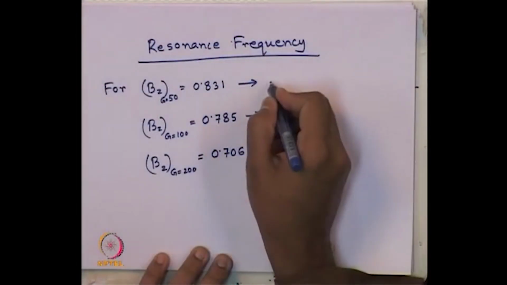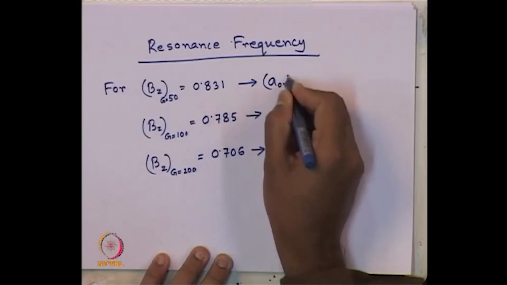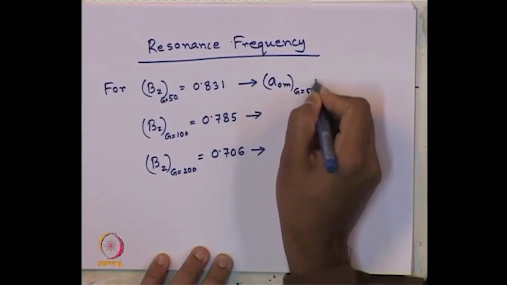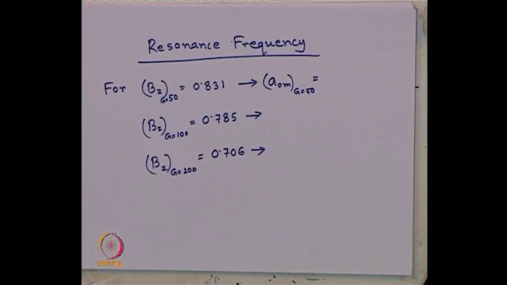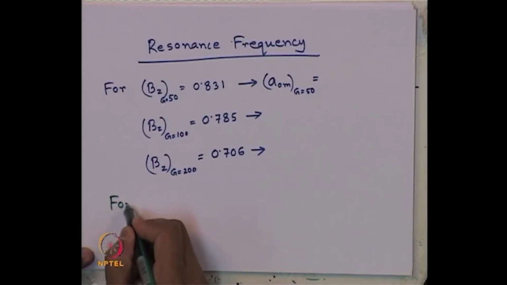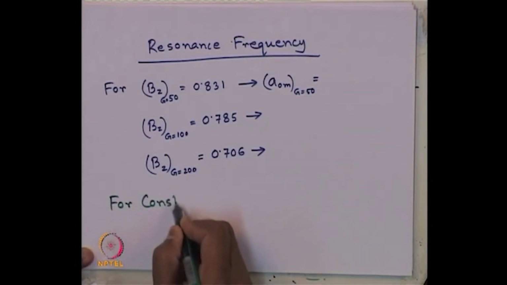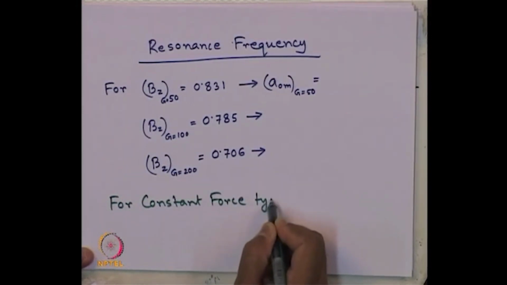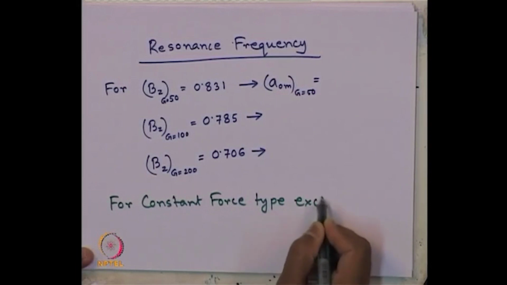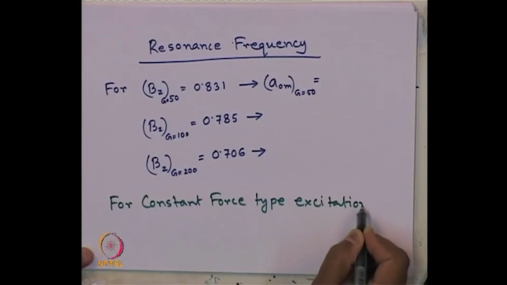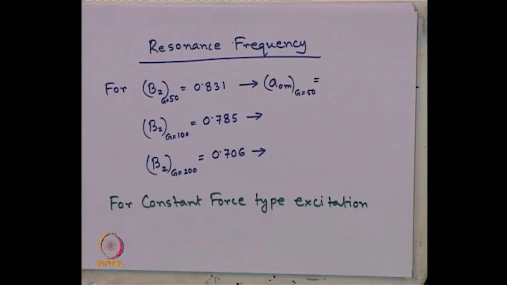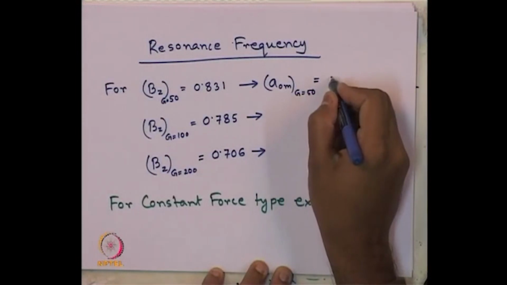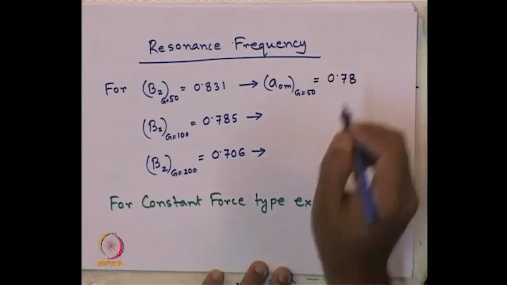So, let us read these values. A naught m for g equals to 50, let us first consider only constant force type excitation. That means in the design chart we should look into the dotted line, right. How much we are reading? For the first one, I read the value as 0.78.